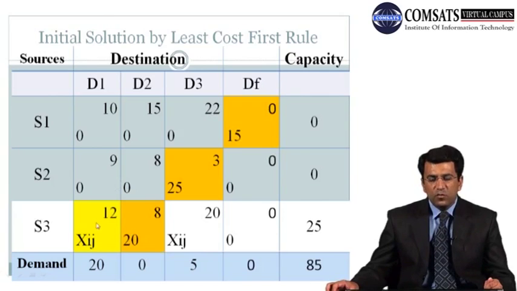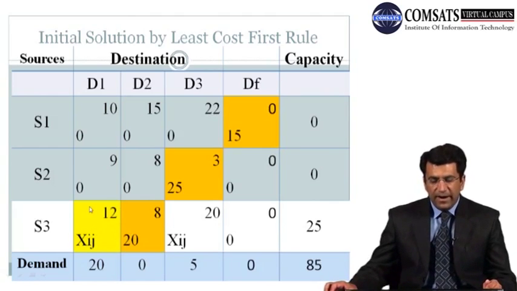Therefore we'll move towards the S3D1 cell. Again compare the row total, which is 25, with the column total, which is 20; the minimum value is 20. So again we will write 20 here in this cell, and this column total will be decreased by 20 and become 0, and this row total will be decreased by 20 and become 5.